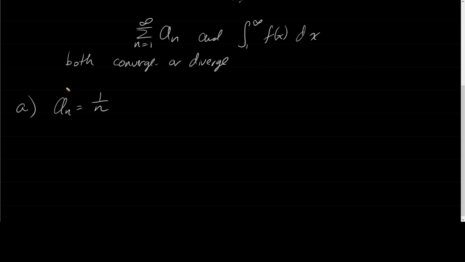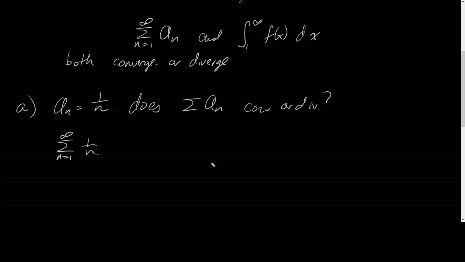If that's my sequence, what I want to know is, does the series of a sub n converge or diverge? So what we're asking here is, what is the series from n equals 1 to infinity of 1 over n doing?